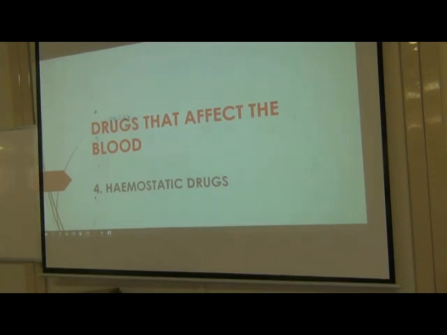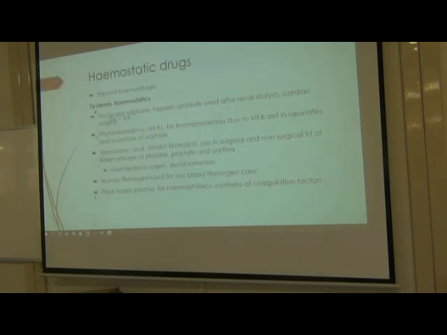So another class of drugs is called your hemostatic drugs. Very familiar term, we've been using it all day. They prevent hemorrhage, and they do this either systemically or locally. And when patients go for surgeries as well, you need a hemostatic drug because they bleed easily.